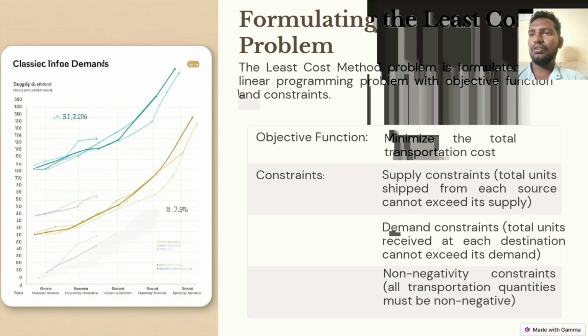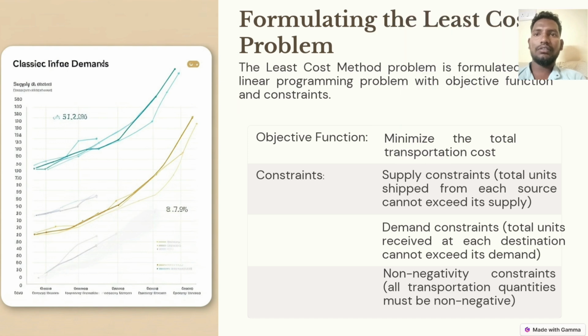Next, we will move on to formulating the least cost problem. The least cost method problem is formulated as a linear programming problem with an objective function and constraints. Objective function: minimize the total transportation cost. Supply constraints: total units shipped from each source cannot exceed its supply.